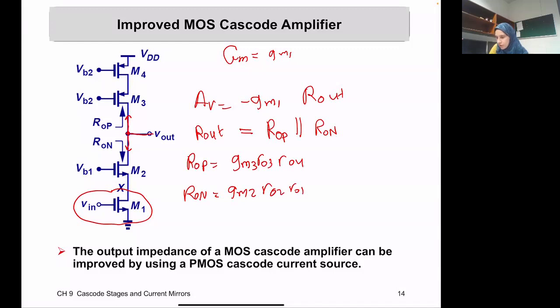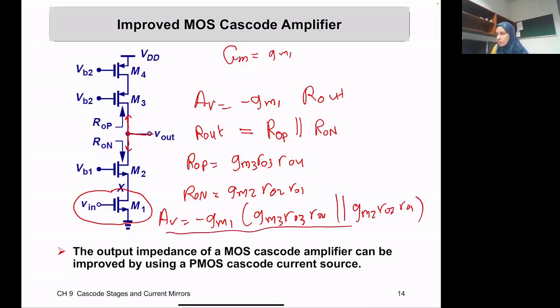Therefore, our gain will be minus Gm1 times Gm3 R out3 R out4 in parallel with Gm2 R out2 R out1.